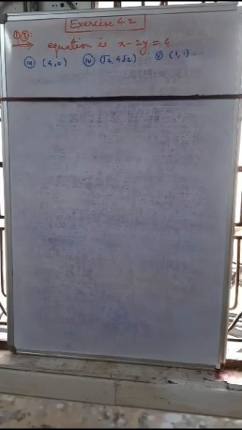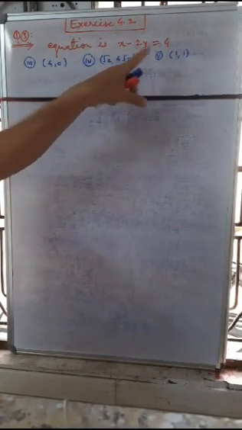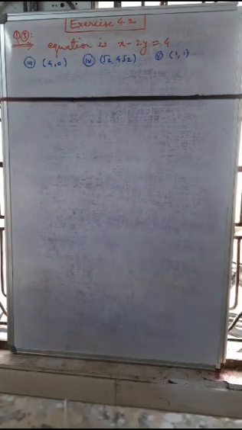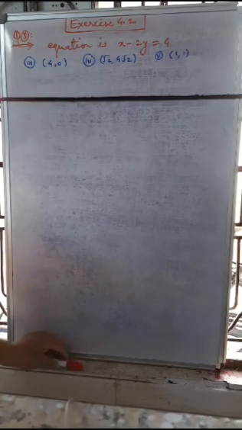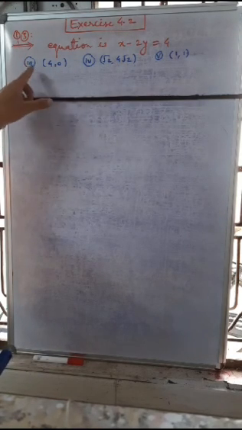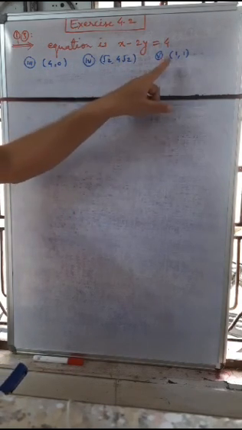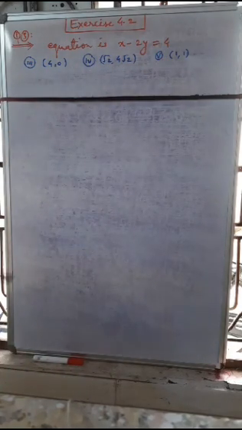Students, now in question number 3 of exercise 4.2, we will check these solutions 3, 4, 5. I have chosen only 3 options. You will try to solve 2 more options as homework. The options 4, 0; root 2, 4 root 2; and 1, 1 are the solutions of the given equation or not.